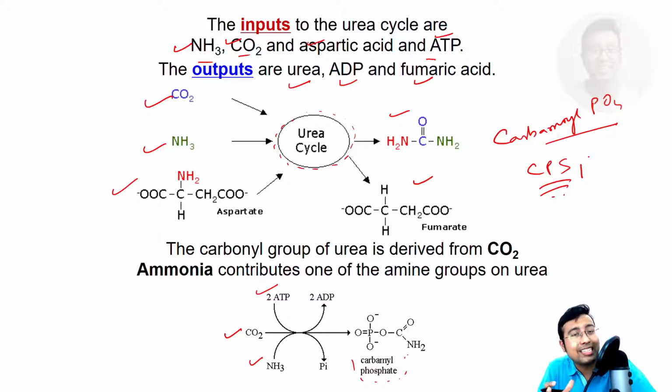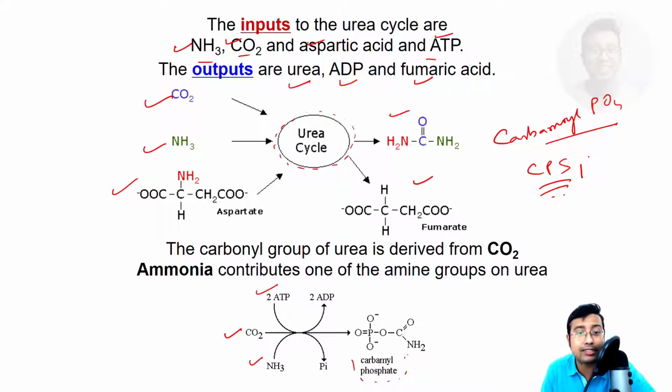There is the isoenzyme CPS2 that takes part in pyrimidine biosynthesis. So purines and pyrimidines, nucleic acid nucleotides. CPS2 will come in pyrimidine biosynthesis. The examiner will ask you this question, mind it: CPS1 urea cycle, CPS2 pyrimidine biosynthesis. However, we need to just focus on CPS1.